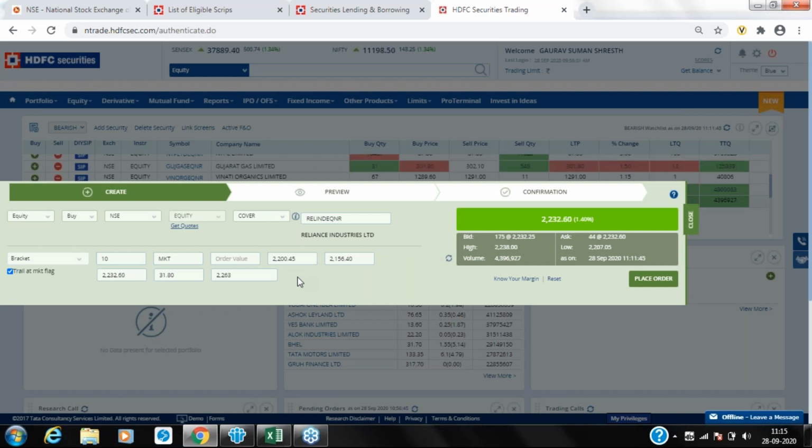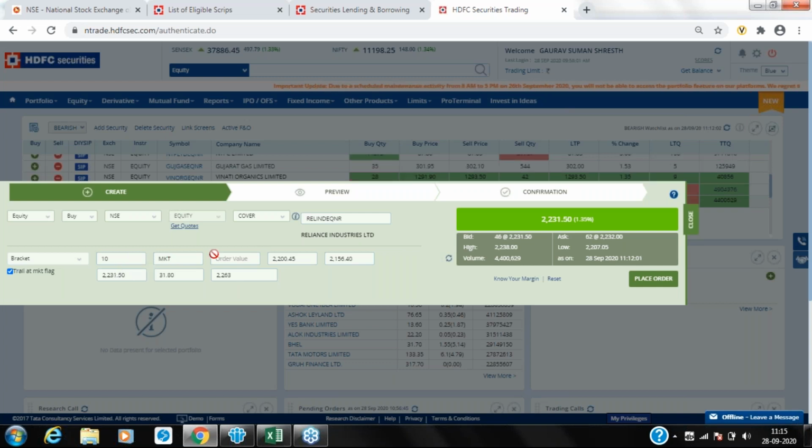So I only have to enter two prices: one is the book profit price and another is the trailing stop loss price. Once I click outside of the box, the other points automatically get filled up. What this means is that 10 quantity of Reliance Industries will be bought at the market price, around 2231, 2232 level.